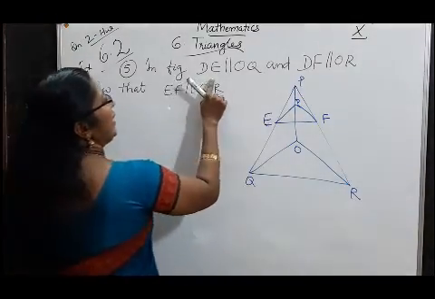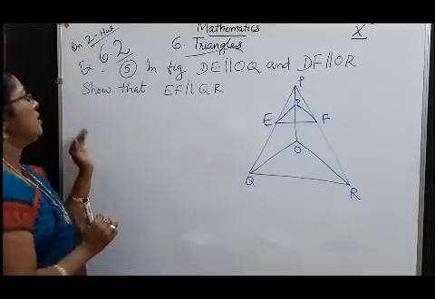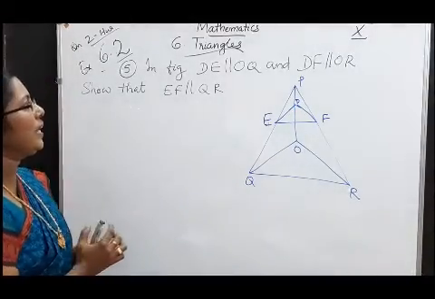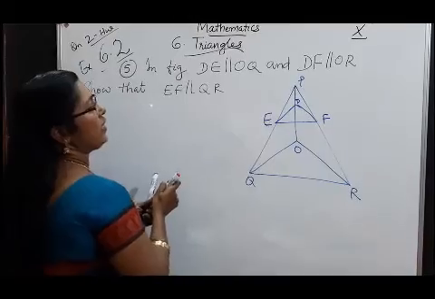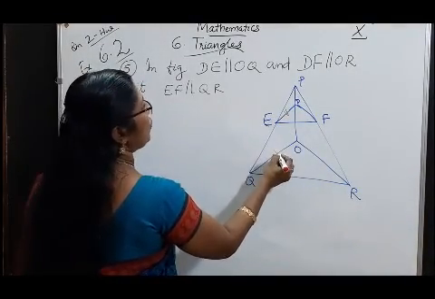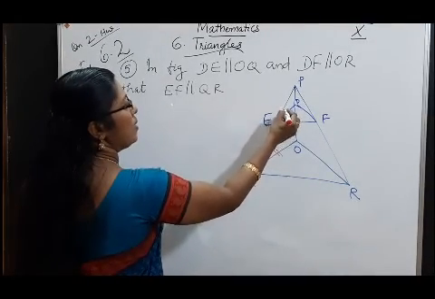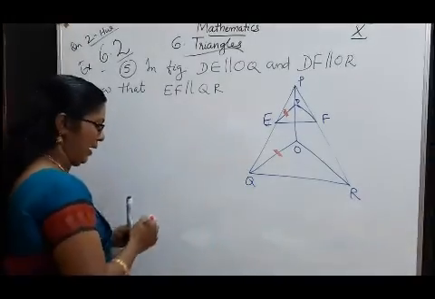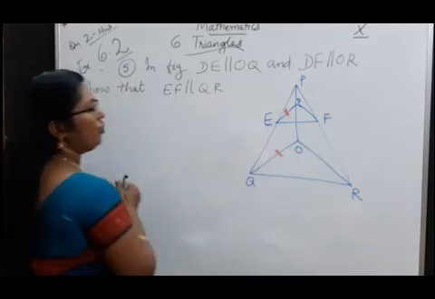In the figure, DE is parallel to OQ and DF is parallel to OR. Show that EF is parallel to QR. Here, the first one: DE parallel OQ, not OR. These two lines are parallel. Consider the triangle PQO.